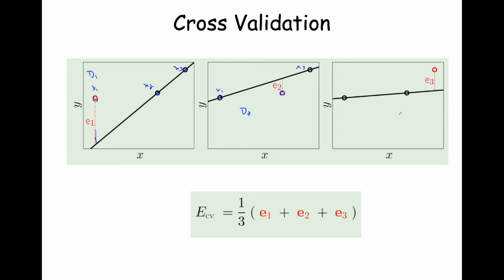And likewise, we will call this D3 because we're leaving out the third data point. We're training on X1 and X2, and we compute the validation error using this limited validation set of just E3. So then our cross-validation error is just the average, 1/3 times the sum of E1 plus E2 plus E3.